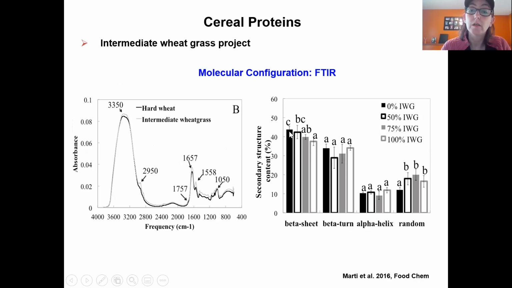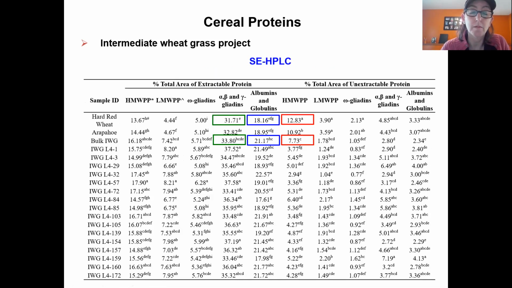Here you have 0% intermediate wheatgrass and 100% wheat, and in this case 100% intermediate wheatgrass, 0% wheat, and then these are blends of both. So we found that the dough has less beta sheet and a little bit more random coil, which helps explain the low stability of the viscoelastic structure in this system.